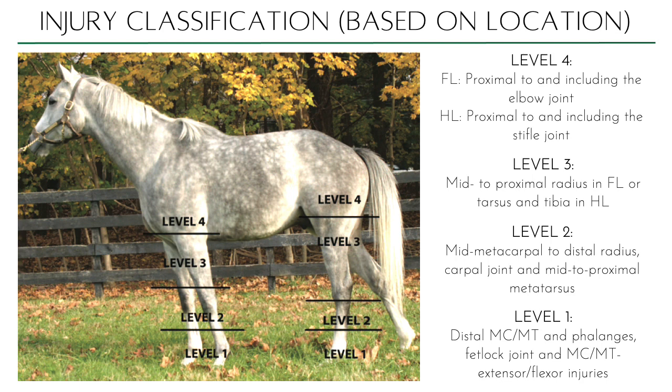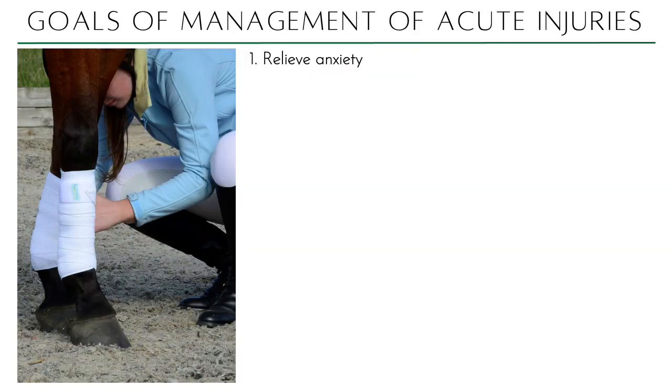So when you see a lame horse in the field, what do you do for acute injuries? Number one, you have to relieve the anxiety. You could use your meds, you could use proper handling, or both. If you notice instability of a certain bone or group of bones on a limb, you have to immobilize that area, including the joint proximal and distal to it, for transportation and for further diagnostic techniques.